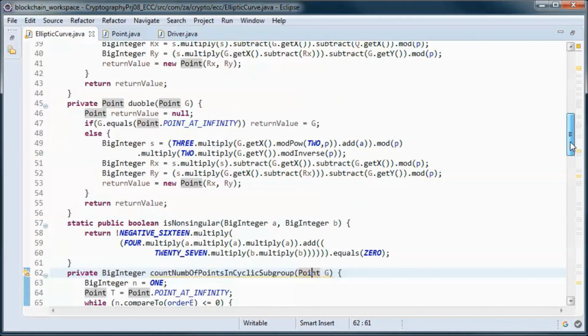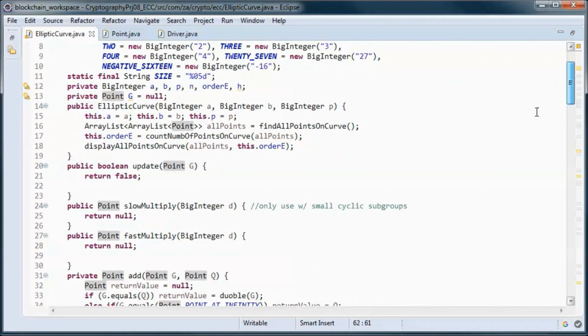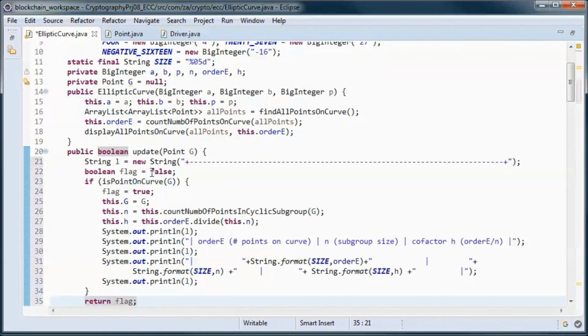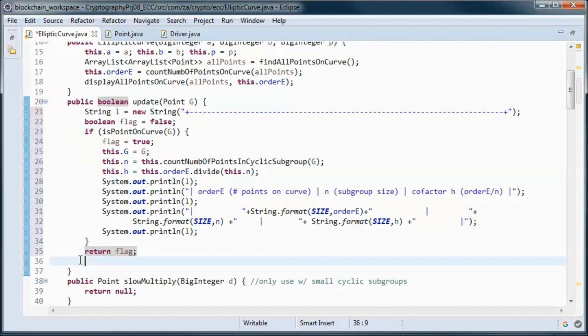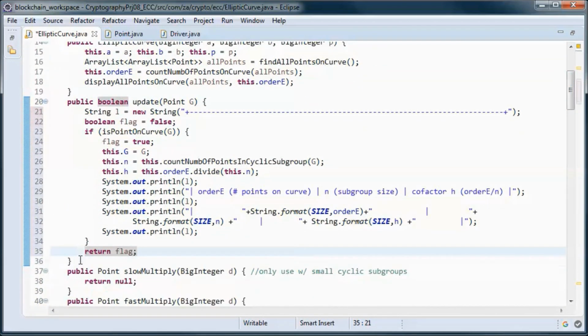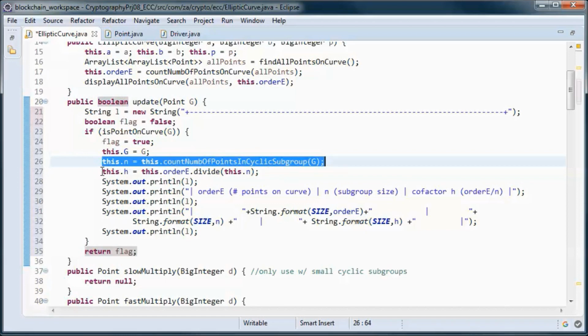So now going to the update method, here we can specify the value for the generator point and for n and for h.